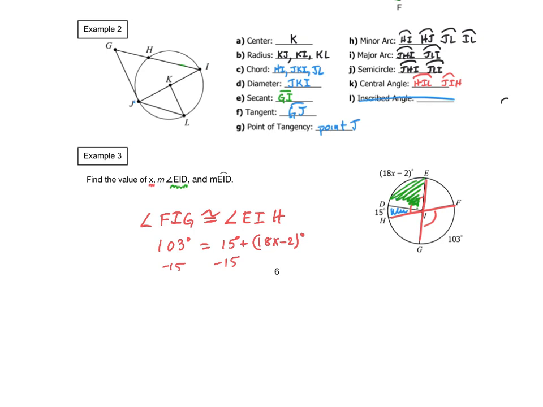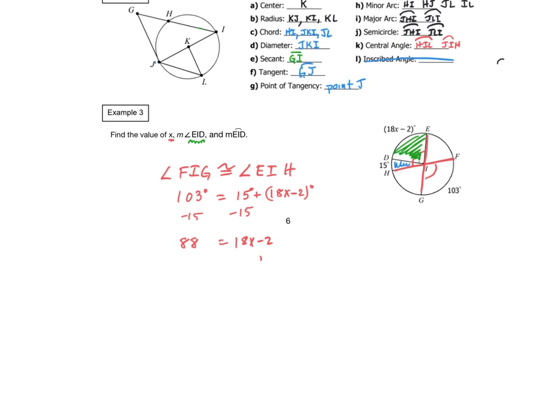I end up with 18x minus 2, and then 103 minus 15 is going to be 88. Continuing to combine like terms, I have 18x is equal to 90. Divide both sides by 18. And I believe x is going to be equal to 5. So I found x is 5.